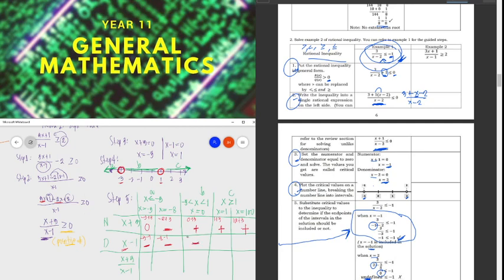Next, x equals 1. So you have 1 minus 1 is 0. Next, 100 minus 1 is 99. It's still positive.